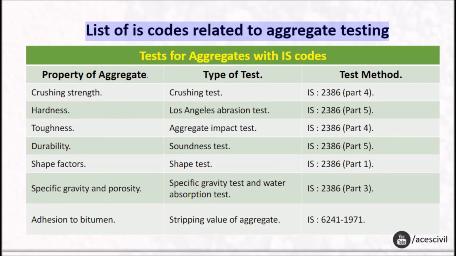List of IS codes related to aggregate testing. Tests for aggregates with IS codes. Property of aggregate, type of test, test method. Crushing strength: crushing test, IS 2386, Part 4.